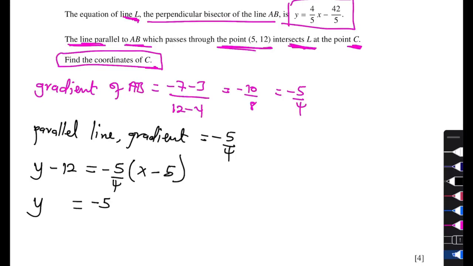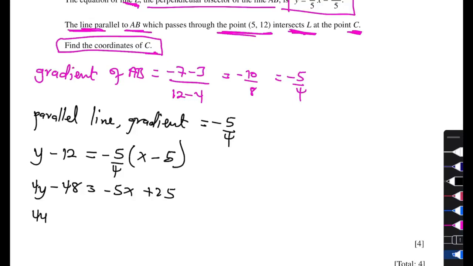Should I just multiply through by 4? Maybe that would be cool, I don't have to complicate the maths. So I have 4y minus 48 is equal to -5x plus 25. So I can have 4y plus 5x is equal to 25 plus 48. I'll tell you why I'm doing it this way in a moment's time. So 25 plus 48 gives me 73.